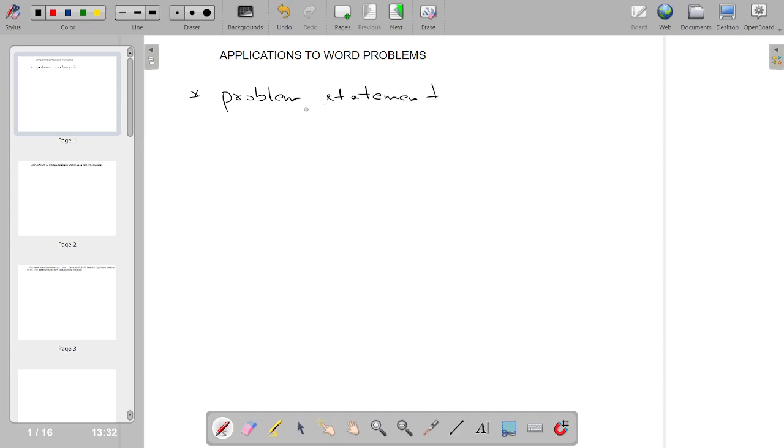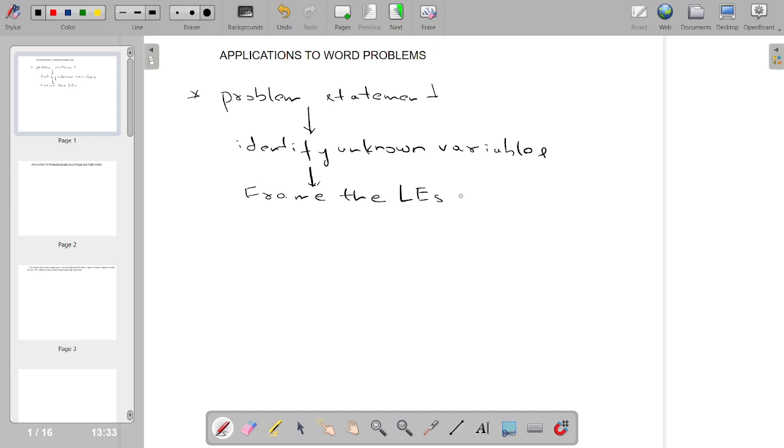In this problem statement, what do we have to do? First, identify the unknown variables, that is, what the problem is asking. Then frame the linear equations with these unknown variables.